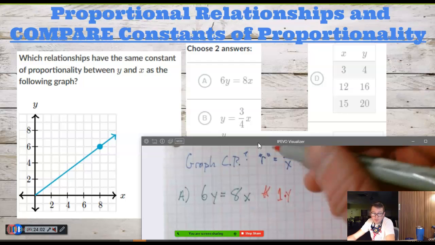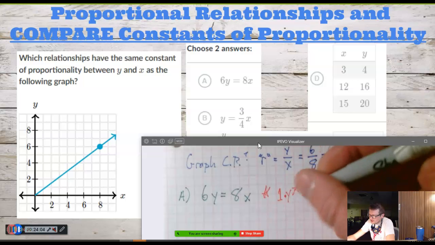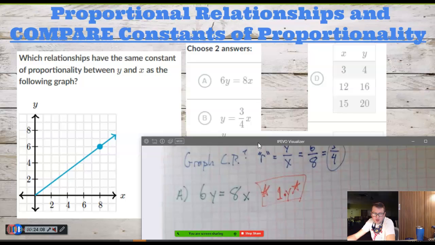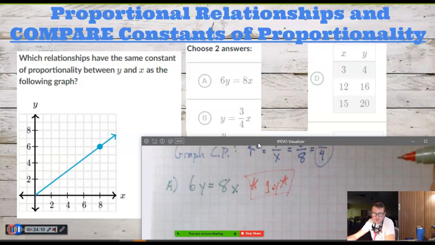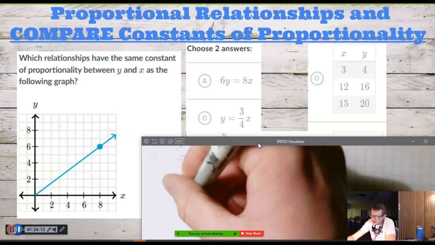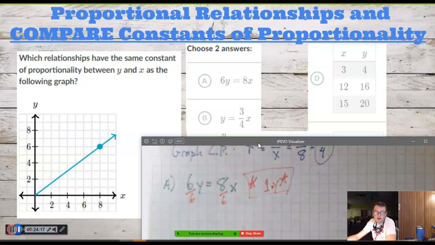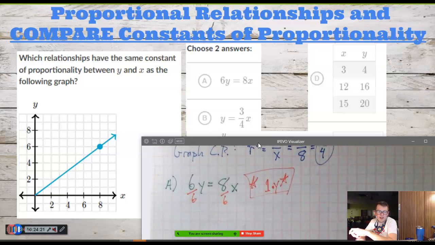The problem here, and I would put stars around this or something, is we don't have one y, we have 6y. So to turn 6y into 1y, we can divide by 6 on both sides. Questions on why I just did that?